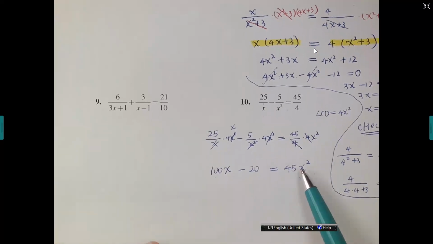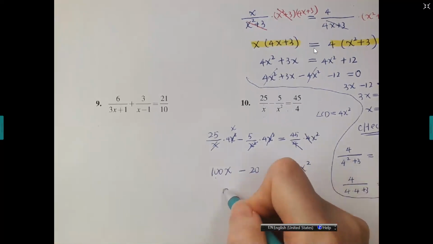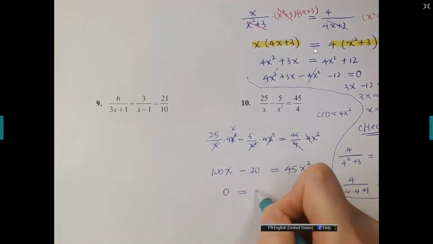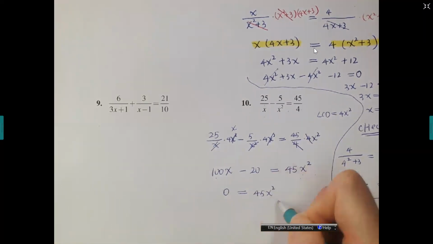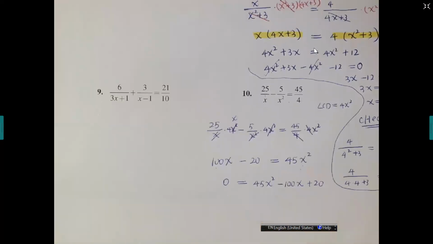To solve the quadratic equation, what do we do? We move everything to the same side and leave 0 on the other side. Because the x squared term is on the right, we move everything to the right. I have 0 left on the left side equals 45x squared minus 100x plus 20.